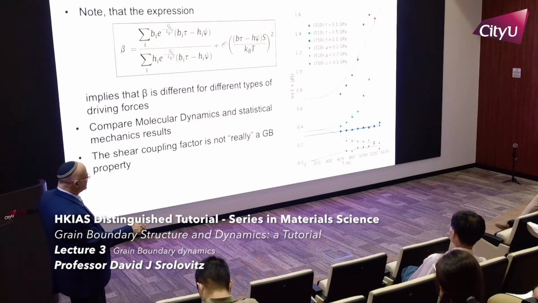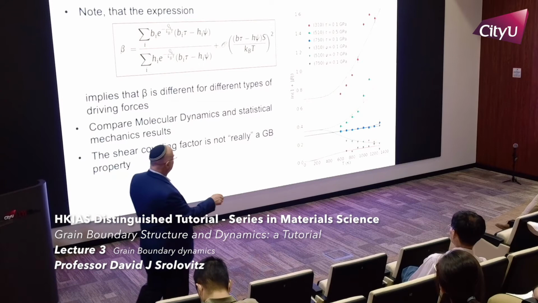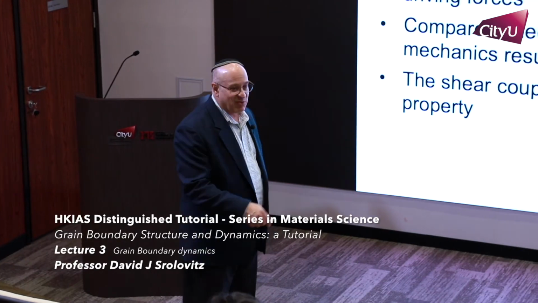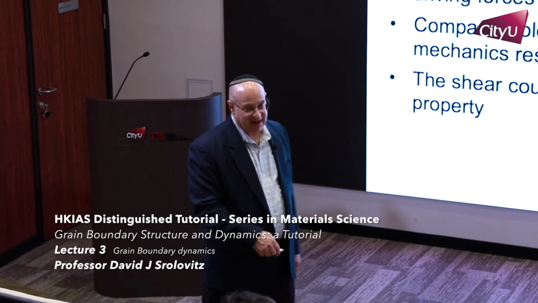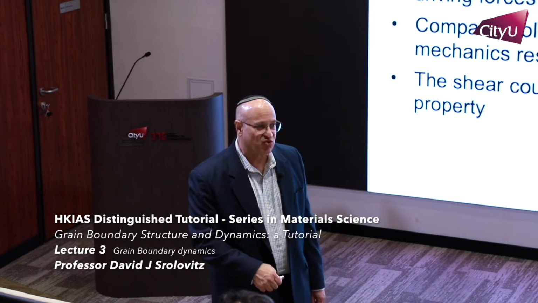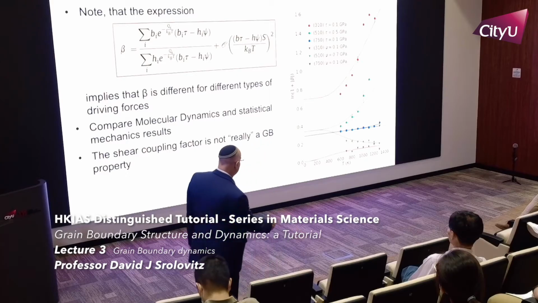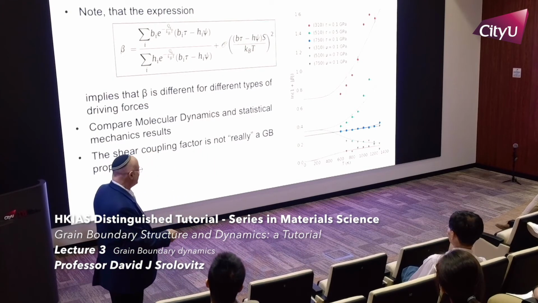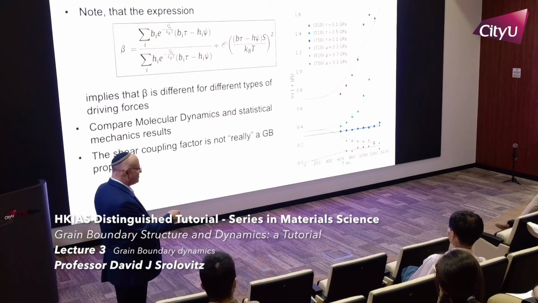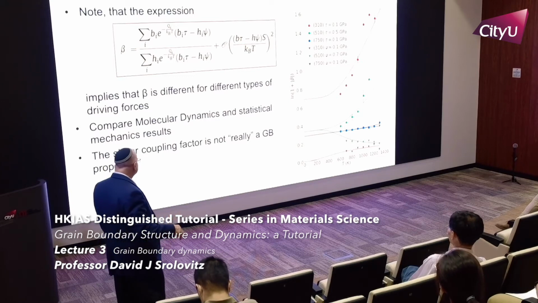So if I take the same grain boundary, in one case drive it with the stress, and the other case drive it, say, with curvature or a chemical potential jump, I will end up with different values of beta.